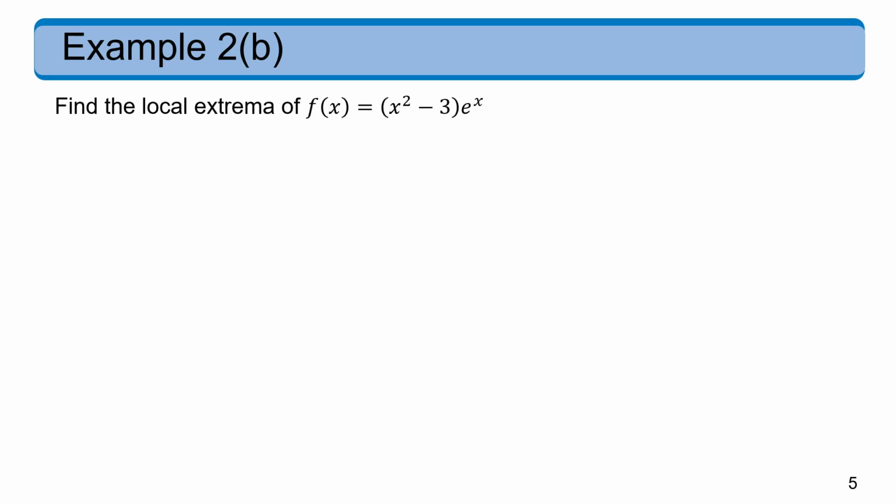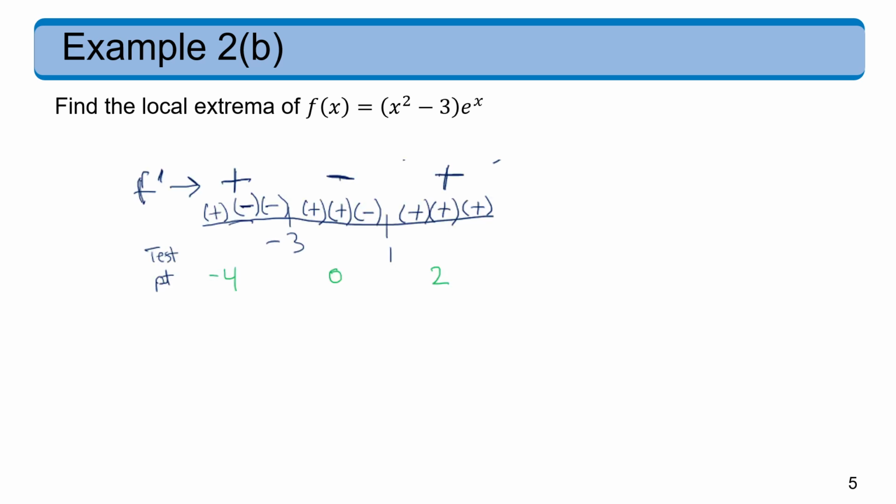Here's the second part of this example. We have the same function that we were just looking at, but this time we're asked to find the local extrema. So we actually did most of the work to answer this question. So I'm going to put here a copy of this number line we made where we use the test points, right?